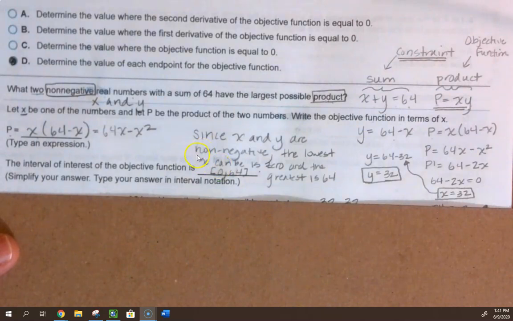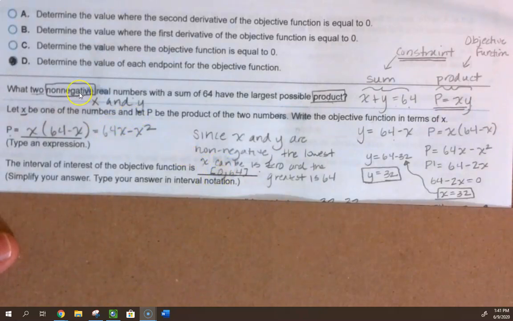Sometimes this feels like it doesn't make a whole lot of sense within the context of the problem, but you're basically looking at the domain of this function within the constraint that they've given you. So we know that these numbers have to be non-negative. They cannot be negative. It says they can be 0. It doesn't really make sense for one of them to be 0 because we wouldn't get a very large product if they were equal to 0, but we could put 0 into this equation.